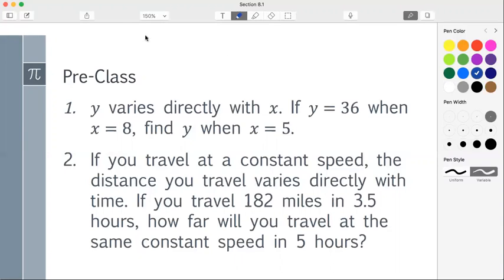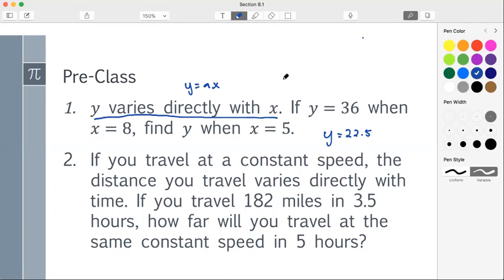So for number one, the answer for pre-class should be y equals 22.5. So if you remember, this is review. When you see the words y varies directly with x, what you should write is y equals ax. And that's your equation. And then remember, you're going to use the information to solve for a.